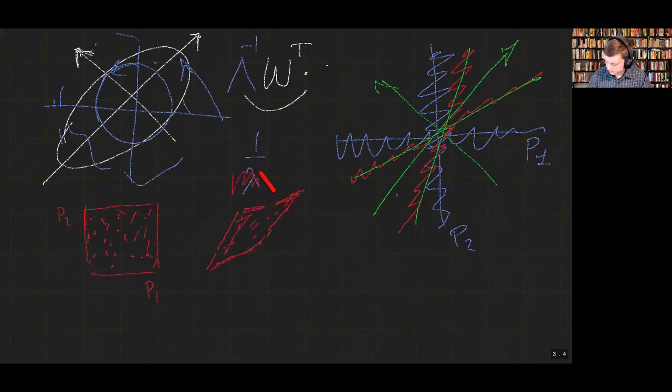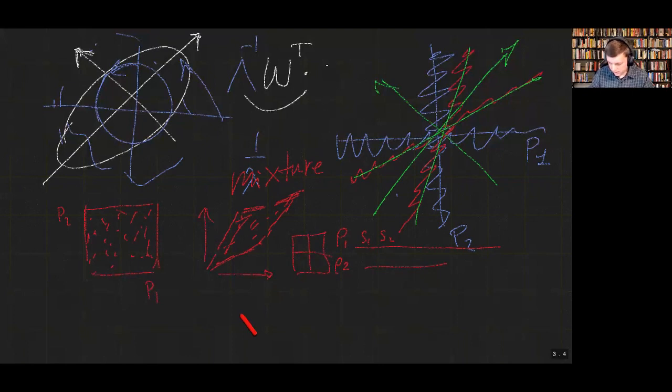This is the mixture. How do we get the mixture? We take P1, P2, and this will be like sample 1, sample 2, and we apply a 2x2 matrix, and we'll get this mixture, and we plot again these new coordinates.